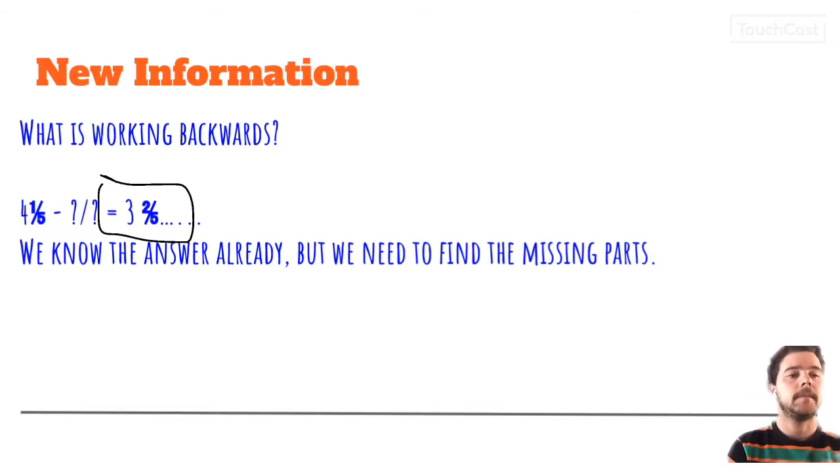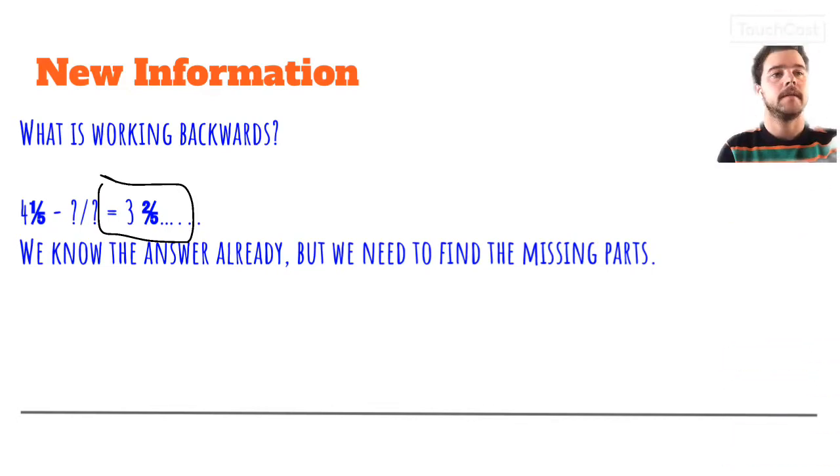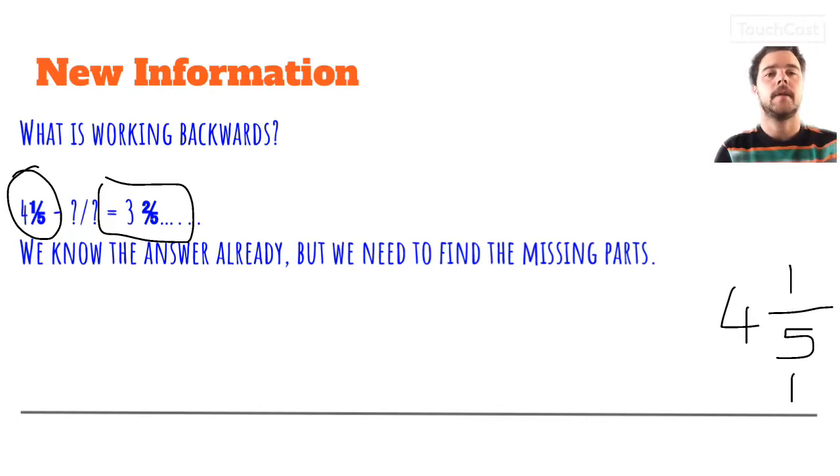If I use this number line down here, I'm just going to move my head up to the top. What's the biggest number here? 4 and 1/5. So I'm going to put that here, 4 and 1/5, and I'm going to work backwards.